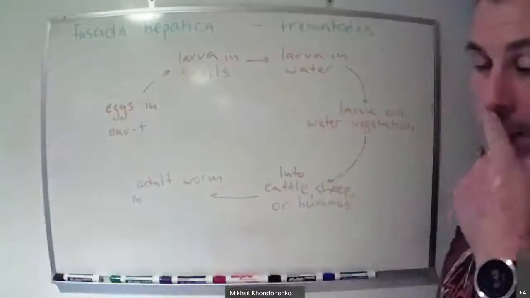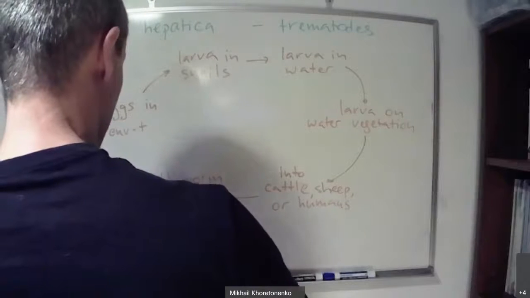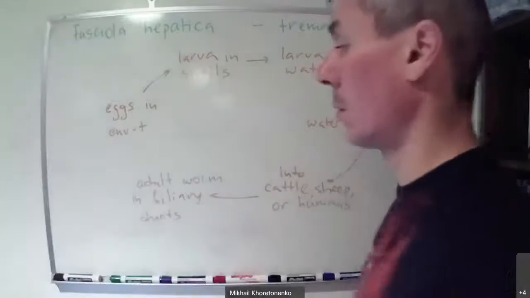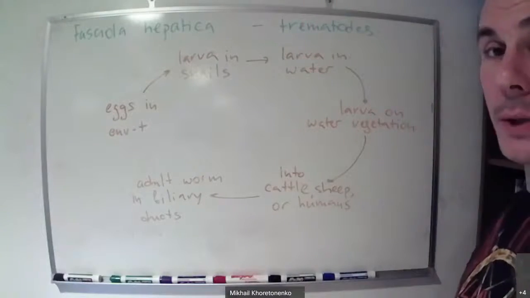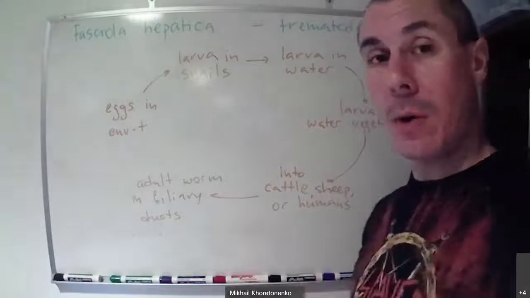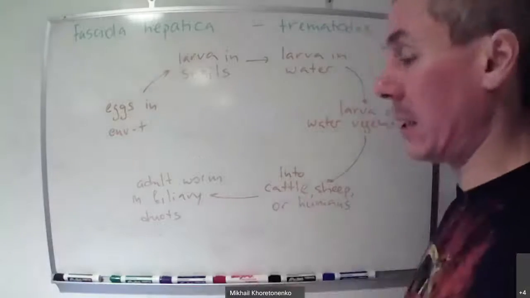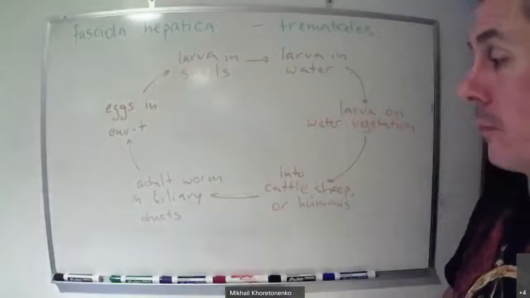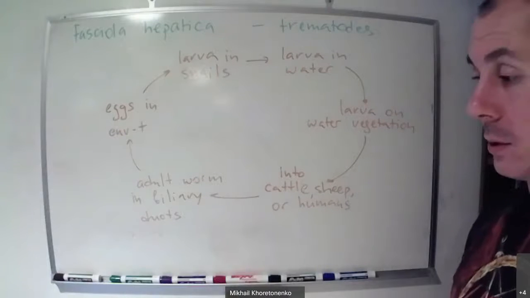It goes from the intestine into the biliary ducts, and then it sheds the eggs. Eggs go back into human or cattle or sheep intestines and are passed into the environment. Does that make sense so far?